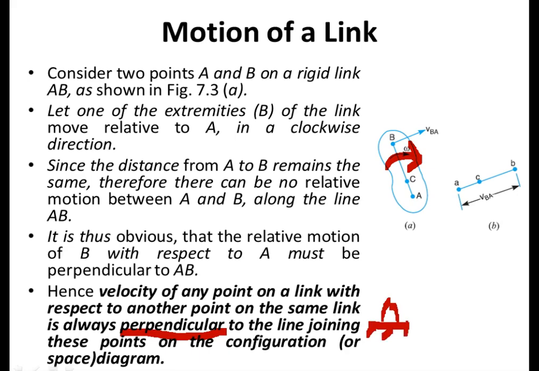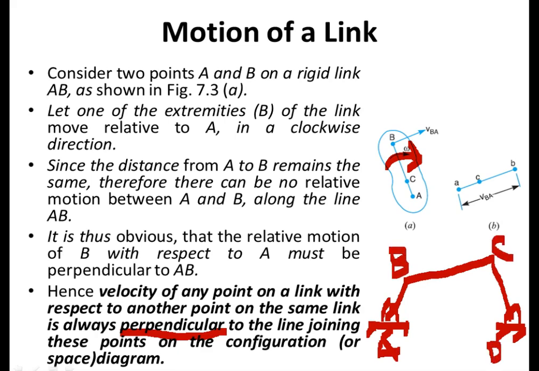Suppose I am taking a 4-bar mechanism. I will give the names A, B, C and D. Now from A to B, suppose there is an angular velocity like this, and AB is having rotational motion in the clockwise direction.